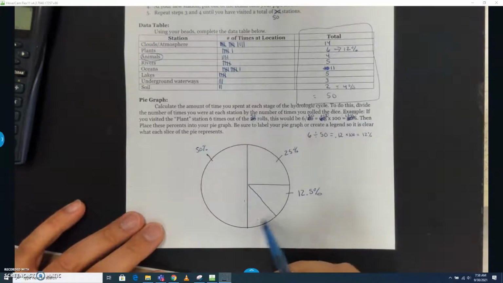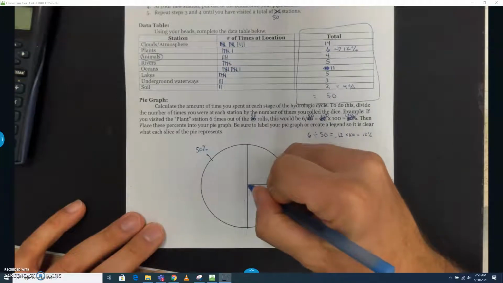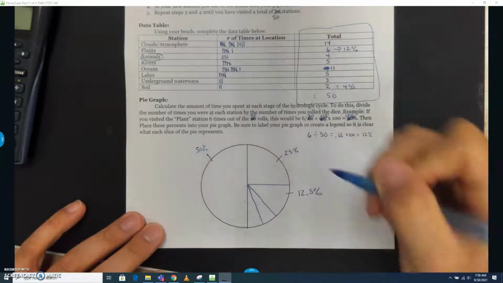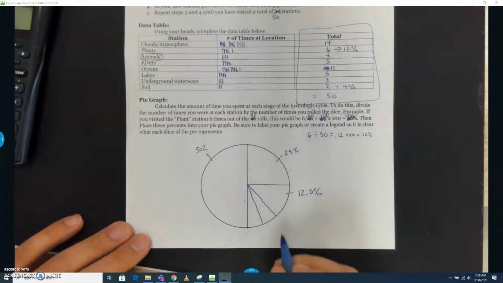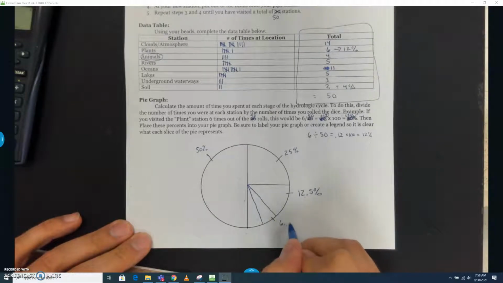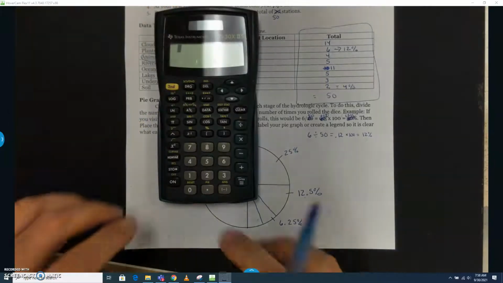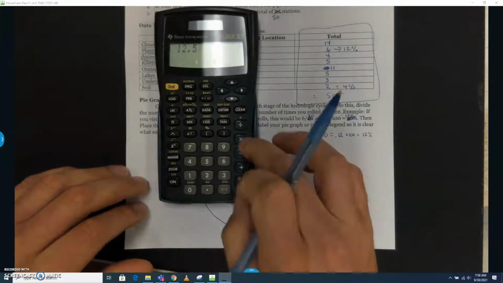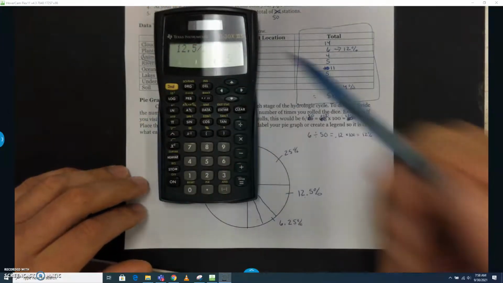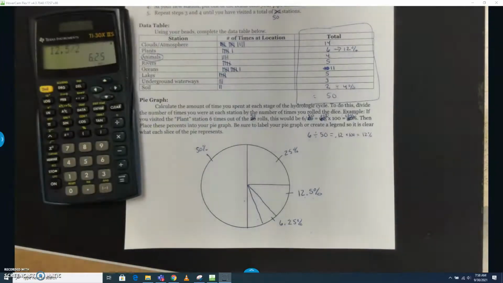I would have to divide this in half again. And half of 12.5 is 6.25%. So each of those will be 6.25%. And if you're not sure about something like that, you could just take out your trusty calculator, 12.5 divided by 2, 6.25, which is how I got that value there.